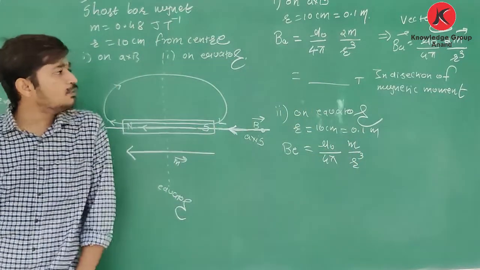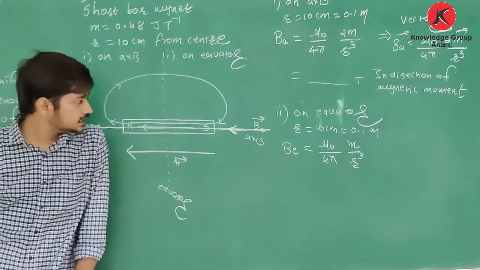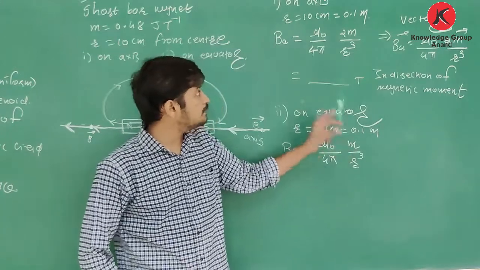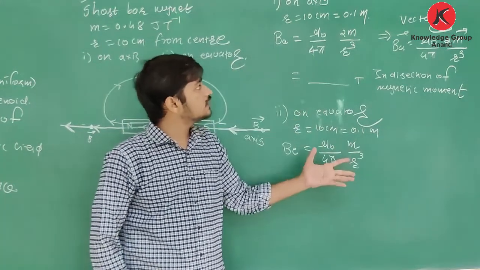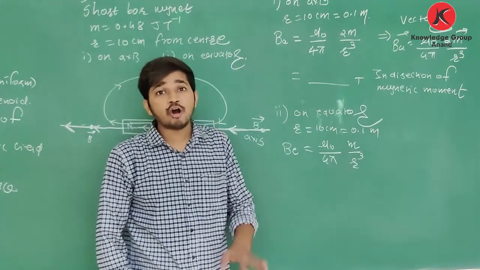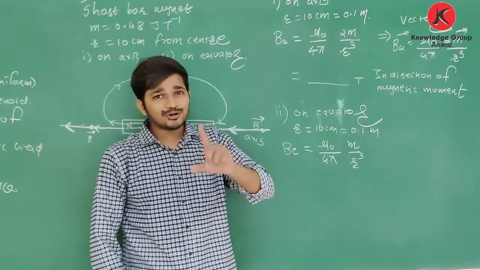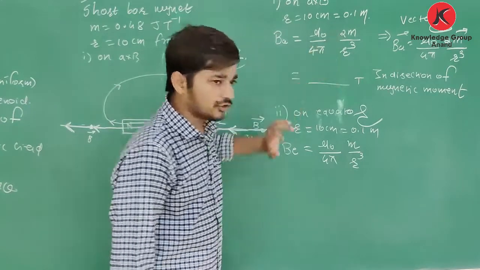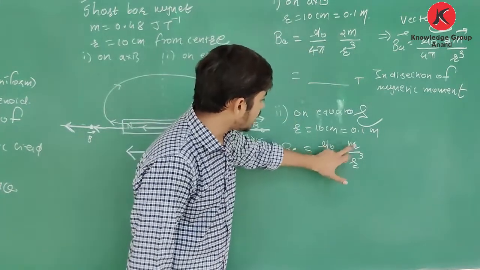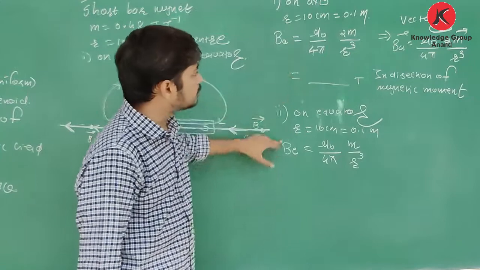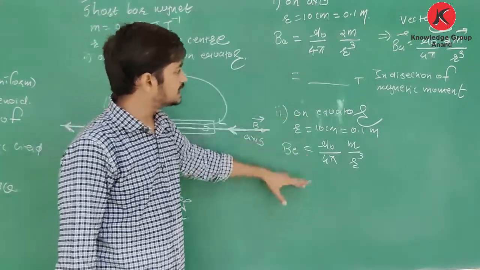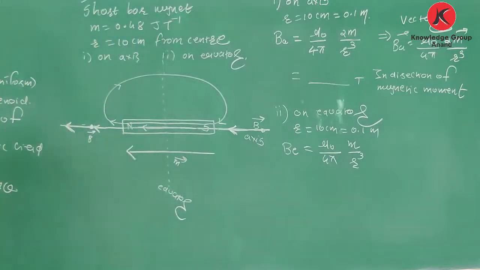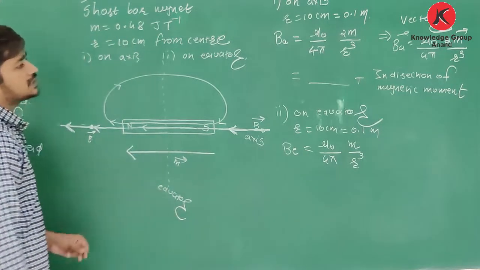You can easily calculate. Or if you do not want to calculate, compare mu 0 upon 4 pi, 2m upon r cube, with mu 0 upon 4 pi, m upon r cube. The distance is the same, so this answer will be half of the first answer. Clear about this?